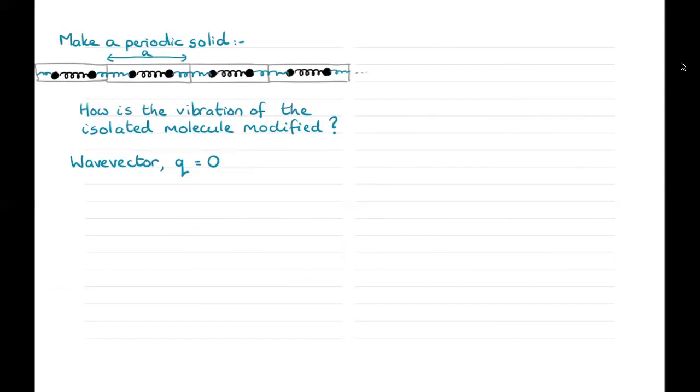So q equals 0 is the center of the Brillouin zone, and what that means is that every unit cell has an identical vibration. So let's just sketch two of our unit cells.